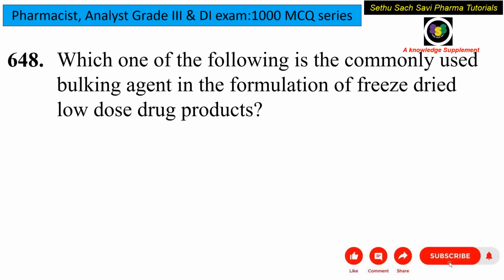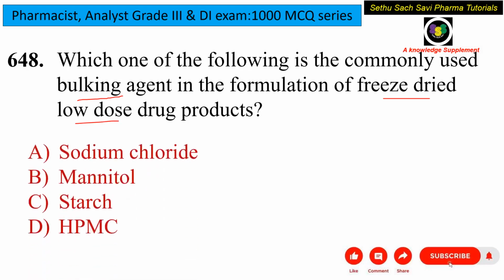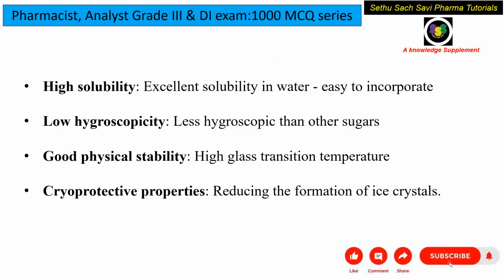Which of the following is the commonly used bulking agent in the formulation of freeze-dried low-dose drug product? Okay, which is used as a bulking agent in freeze-dried low-dose drug product. Come to the options: sodium chloride, mannitol, starch, or HPMC. Now, mannitol is a particular substance which is having high solubility.